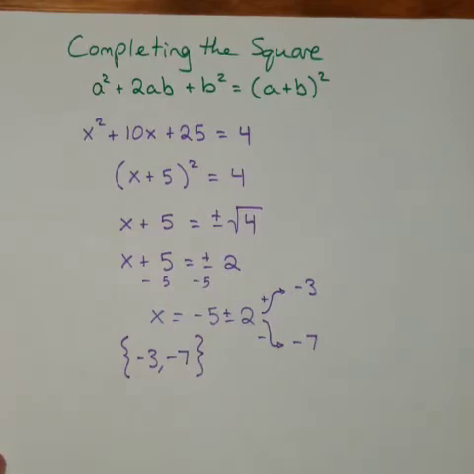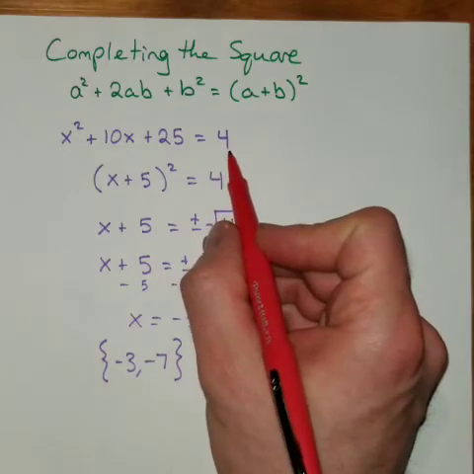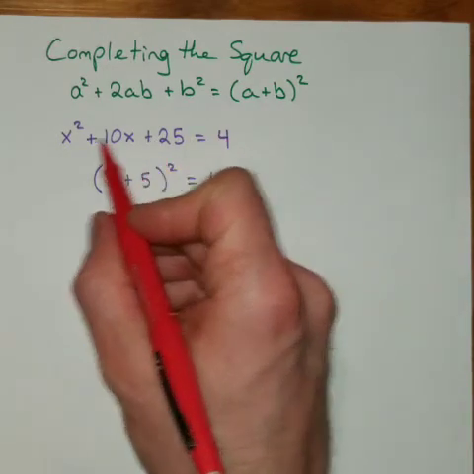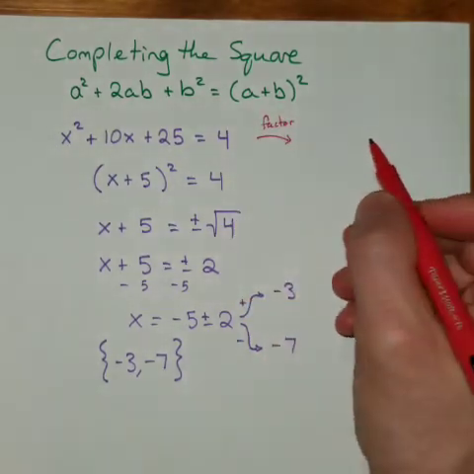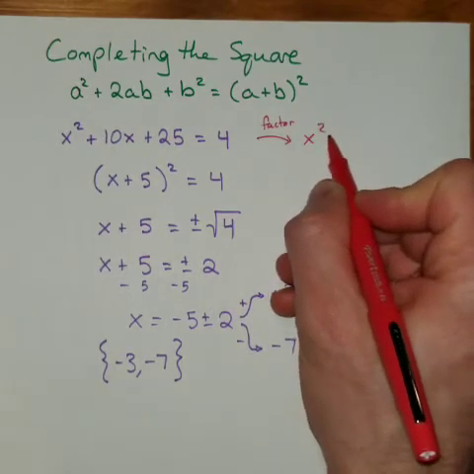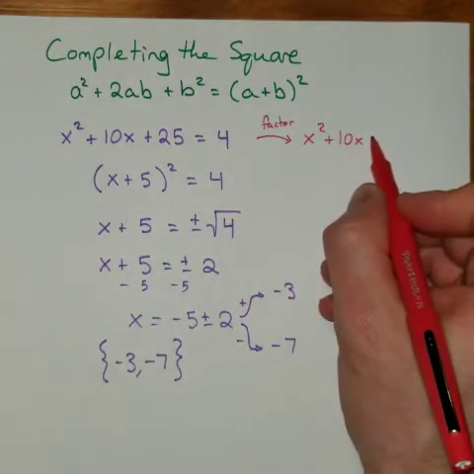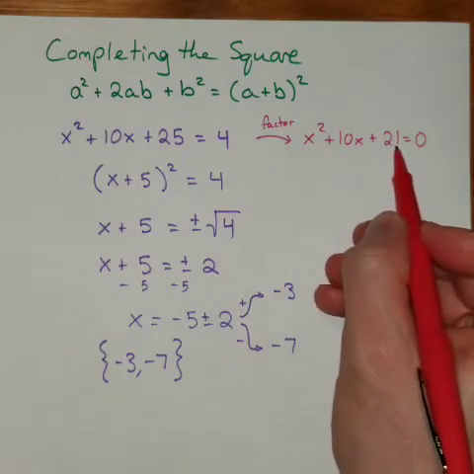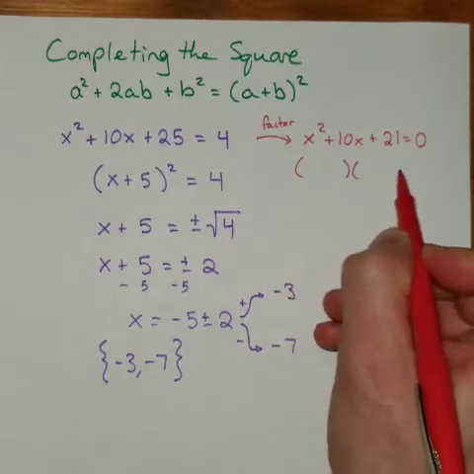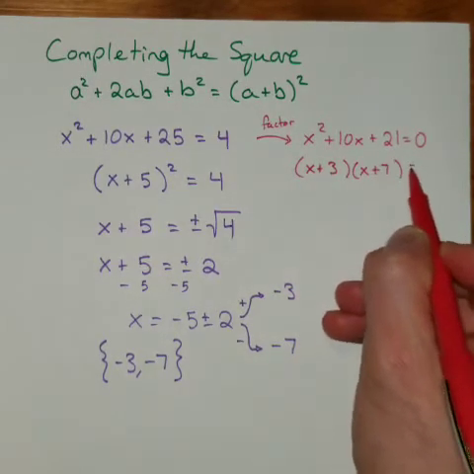Now, just as a very quick side note, if I had used the factoring technique that we did in the past, I would have subtracted the 4 from both sides. So I get x squared plus 10x, and 25 minus 4 is 21, equals 0. Then I'd be looking for factors of 21 that add up to 10, which of course are 3 and 7.